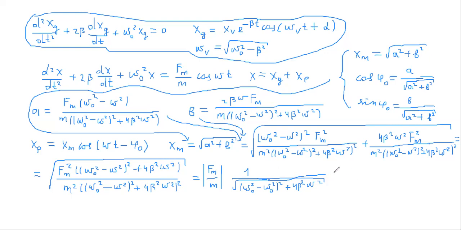And fm and m are non-negative values, and moreover they are positive. fm is amplitude, so it is positive, and m is mass, and mass is always a positive value. So they can be written without modulus.